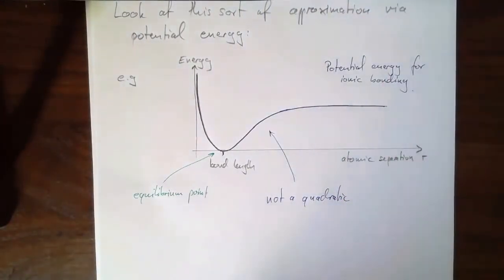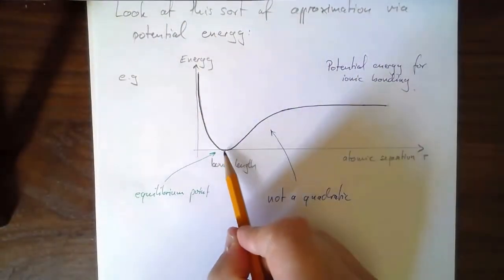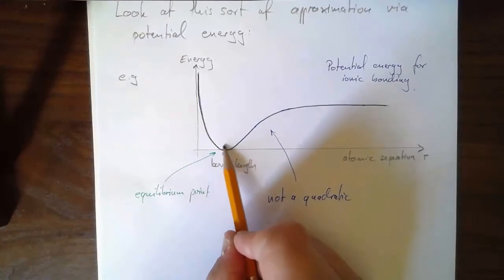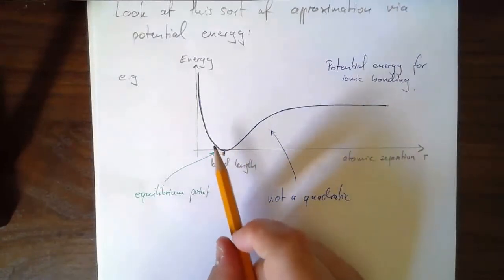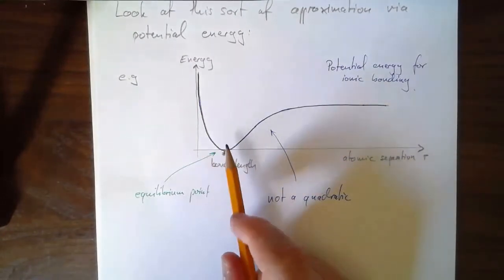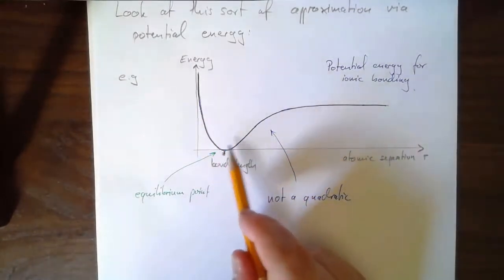But you can probably guess what we're going to do. Let's just focus on small oscillations away from this point. Around this point, the force that is associated with this potential energy, whatever it is, we're not going to care exactly what that interaction is. We just care about the shape of its graph.